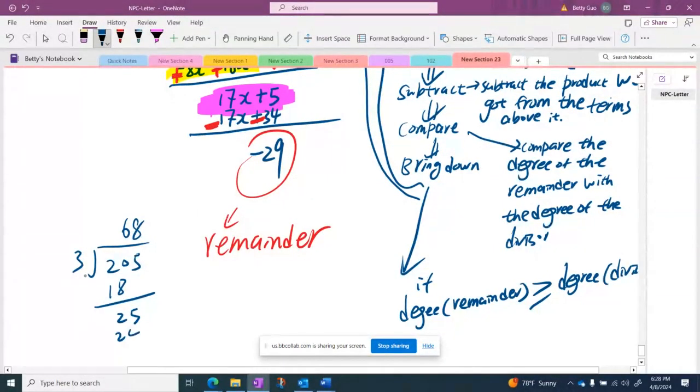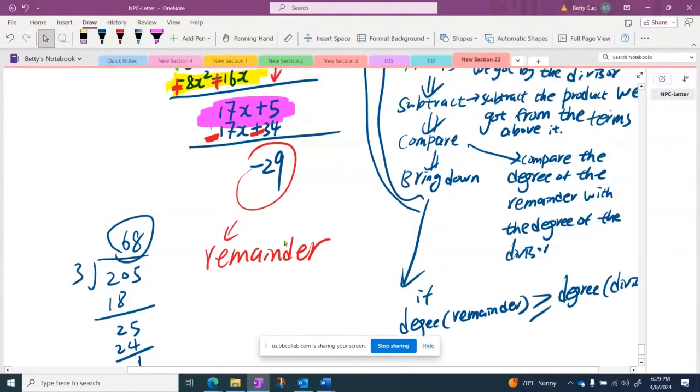We have 24 with remainder 1. So when we divide 205 by 3, we get a quotient 68, remainder 1. That means 3 goes into 205 68 times, but not completely, with 1 remainder. There's one space that cannot be filled.